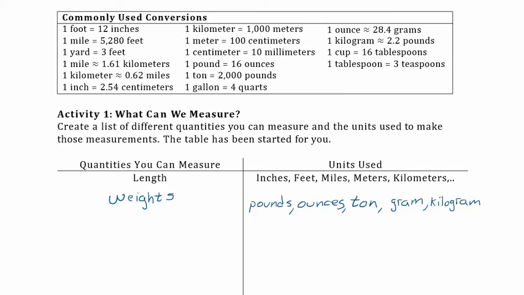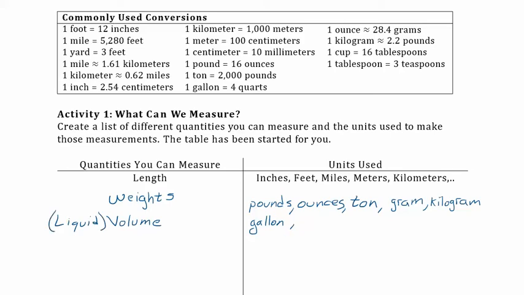Teaspoons and tablespoons. Let's call it volume. So we've got gallons. Let's call it liquid volume because we're going to distinguish some other volume later. We'll just put this in parentheses here.